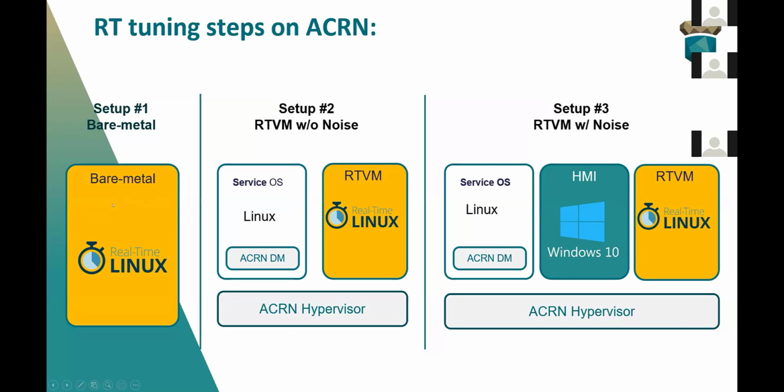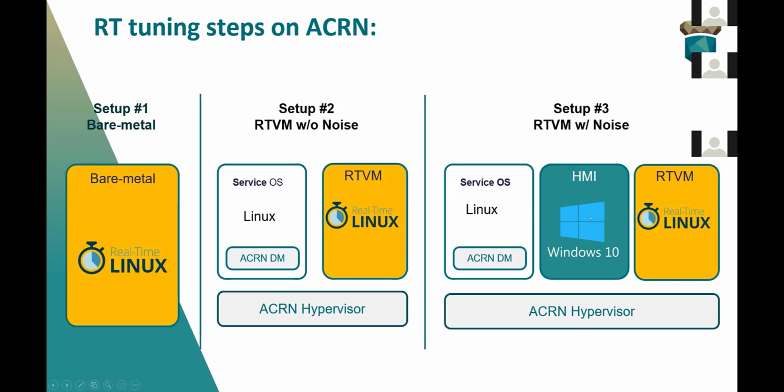If the RT performance can meet your requirement, then you can try to set up the hypervisor environment. For the second step, you set up the service OS with just one RTVM, and there is no other workload, which we call without noise. In this environment, you can tune the RT performance. If it can meet the requirement, then we go to the third step.